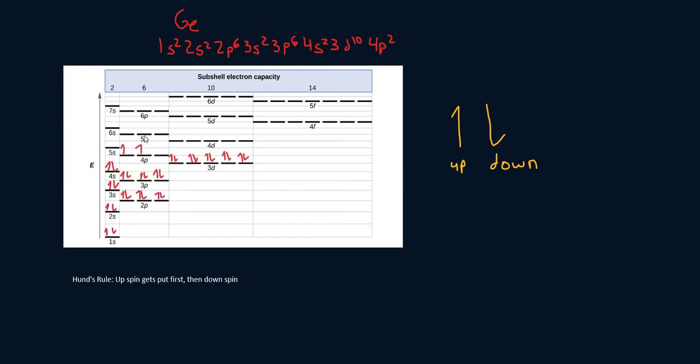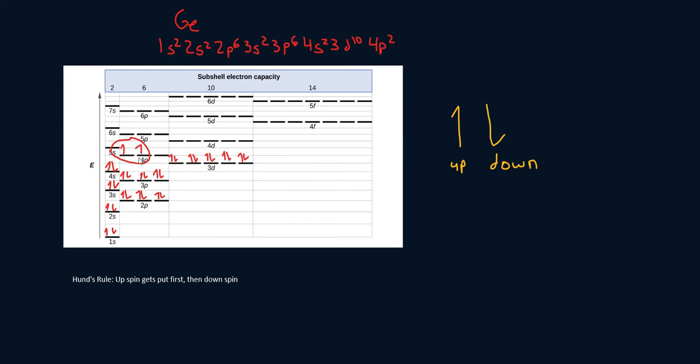Okay, so hopefully your orbital diagram looks something like this. So I've got all of our electrons mapped, and notice how up here I have the 4p electrons for germanium, which makes sense because we have 4p2, so those 2 upspun electrons go in these 2 slots here because we're trying to obey Hund's rule by putting the upspin first, and then we don't have any others left, so we're just stuck with these 2 upspun electrons.